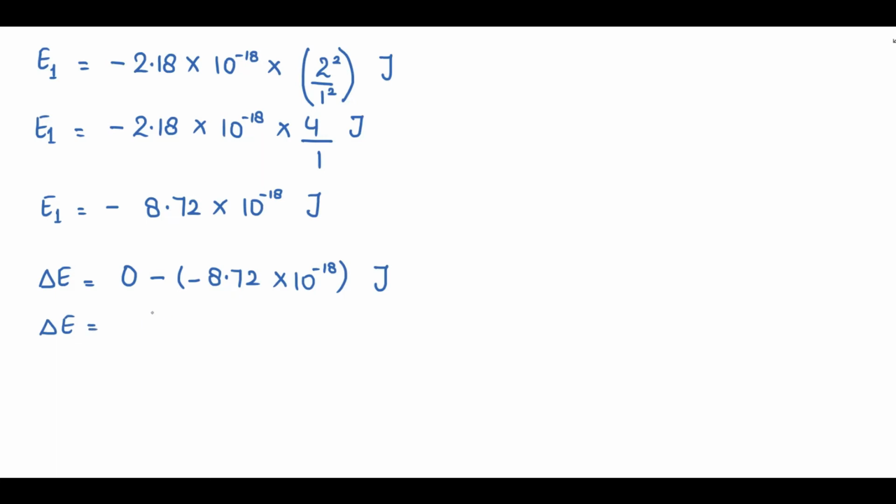So ΔE equals 0 plus 8.72 × 10⁻¹⁸ joule. 0 plus 8.72 × 10⁻¹⁸ will be 8.72 × 10⁻¹⁸. So ΔE equals 8.72 × 10⁻¹⁸ joule. That means 8.72 × 10⁻¹⁸ joule of energy is required if you want to eject the electron from the first orbit to the infinite orbit for the helium positive ion.